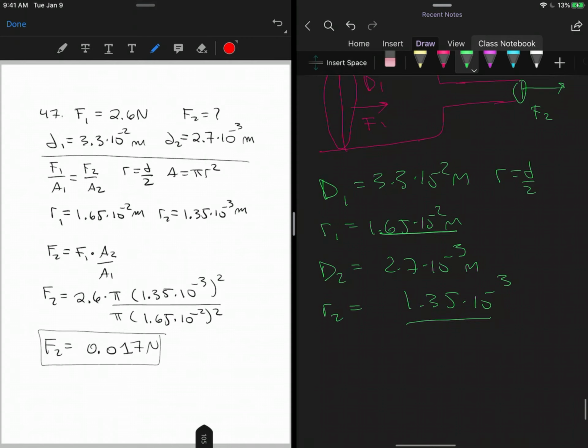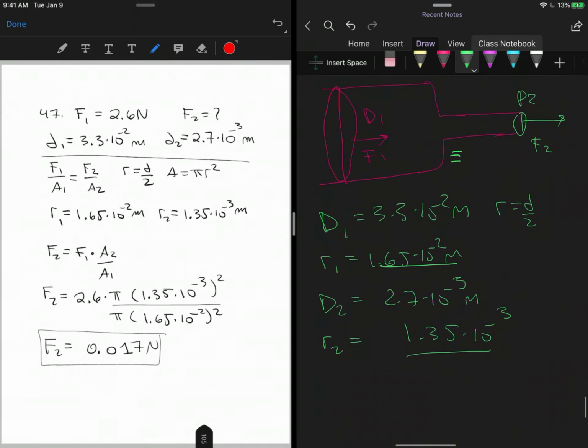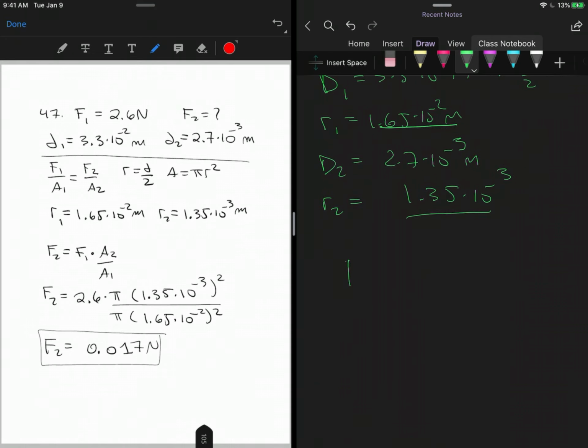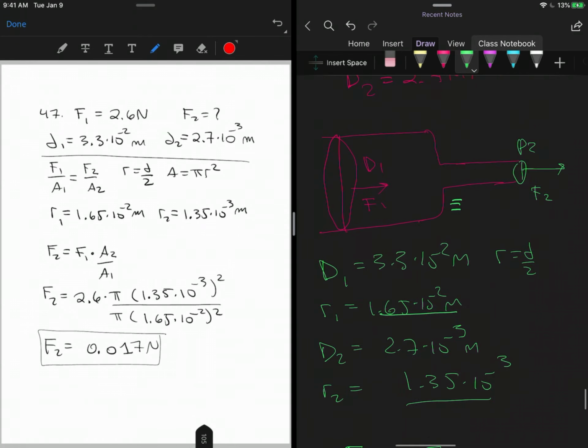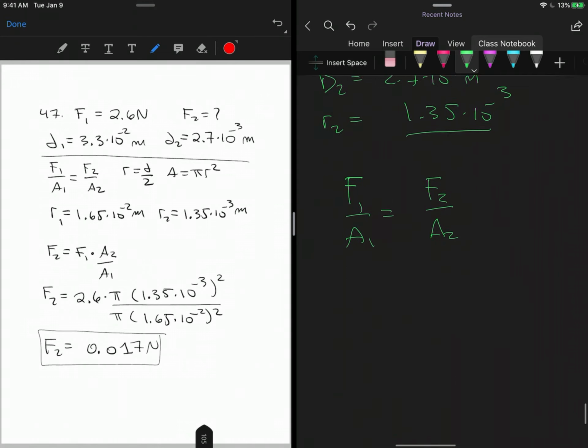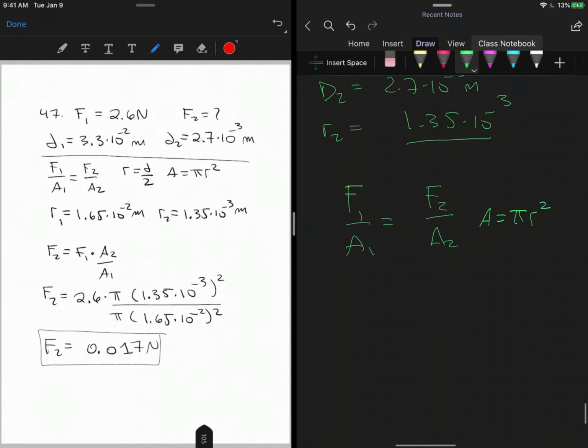The equation that applies to this setup is that the force on the large side, F1 over A1, equals the force on the small side divided by the area on the small side. In both of these, the area is a circle, so area is pi r squared.